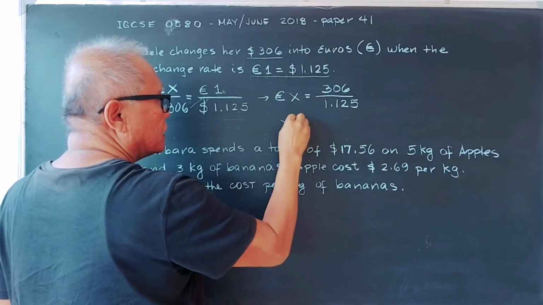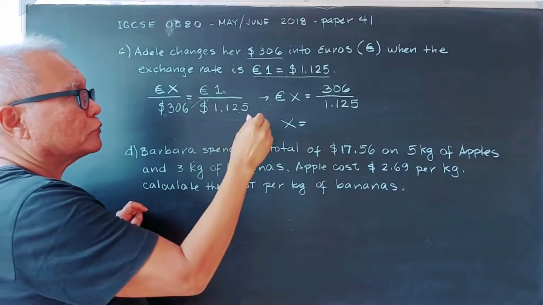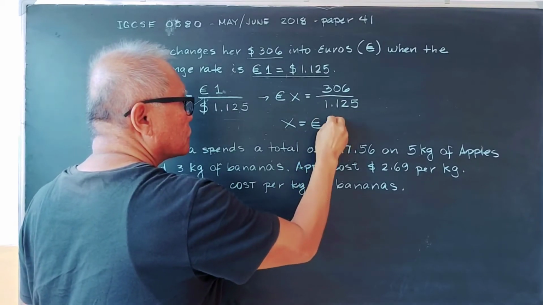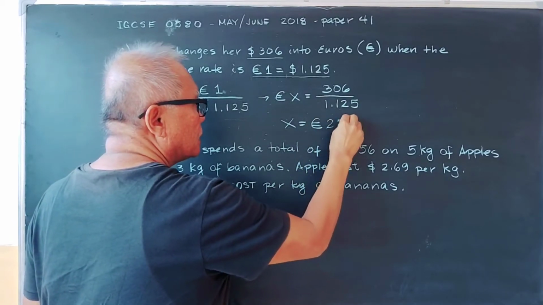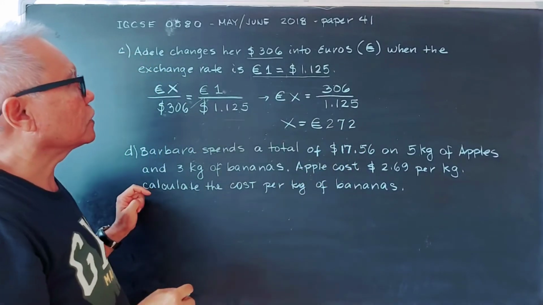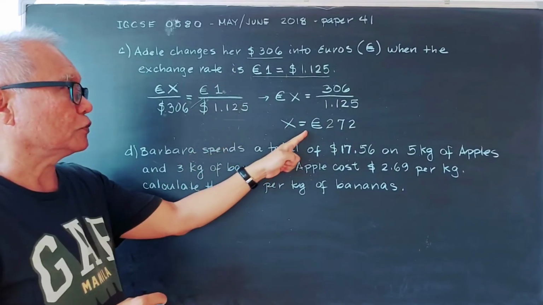So we just divide 306 by 1.125, and we have our euros, 272. So that is our answer if we are going to convert our dollars into euros.